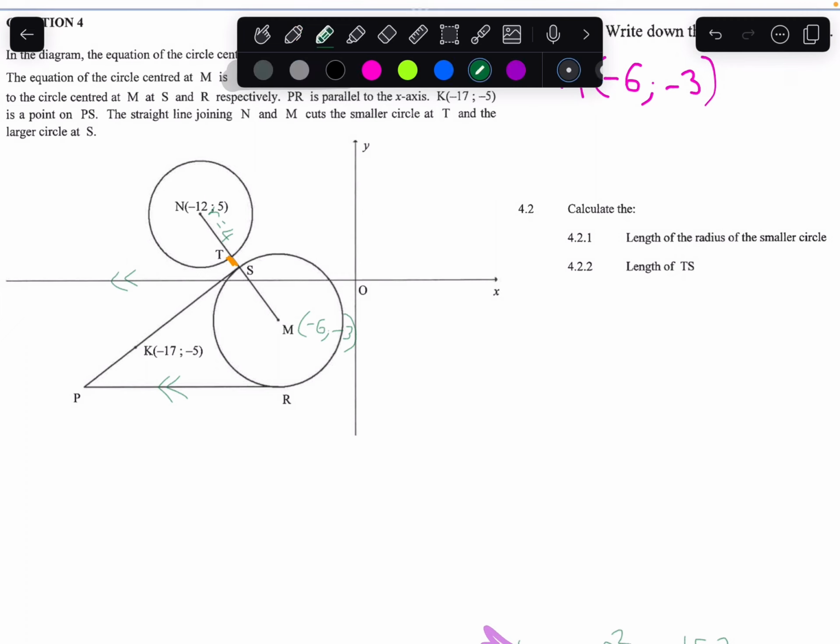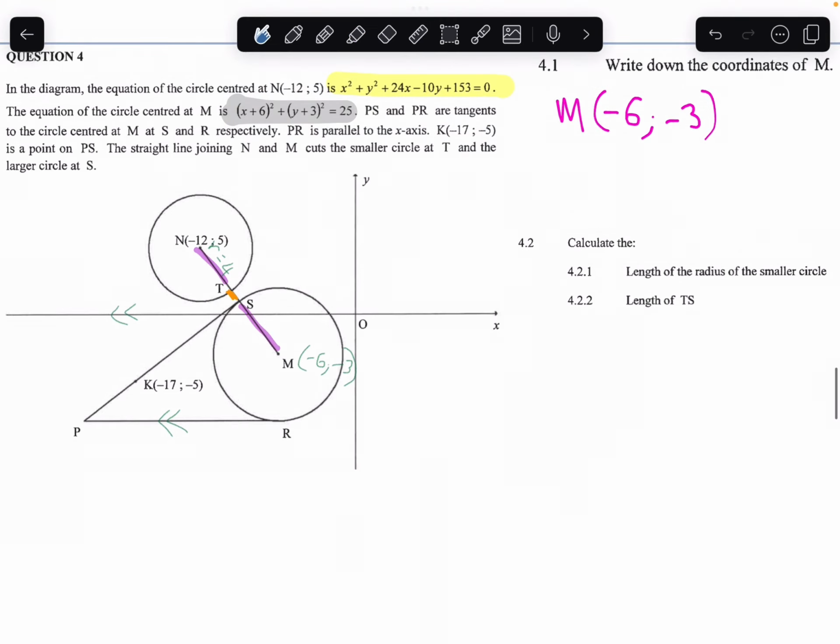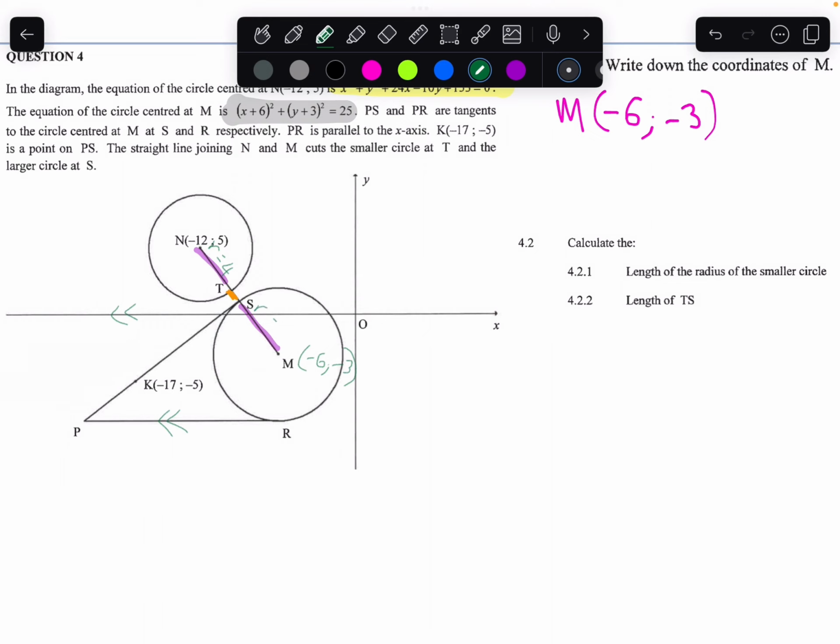We know the length of this radius is 4. We know that the length of this radius is 5, from the equation of the circle as given to us. So if we can find the distance between M and N, and subtract, well, let me just write down here, R is equal to 5, and subtract the 4 and the 5, then we know what this little bit is. So let's do it.